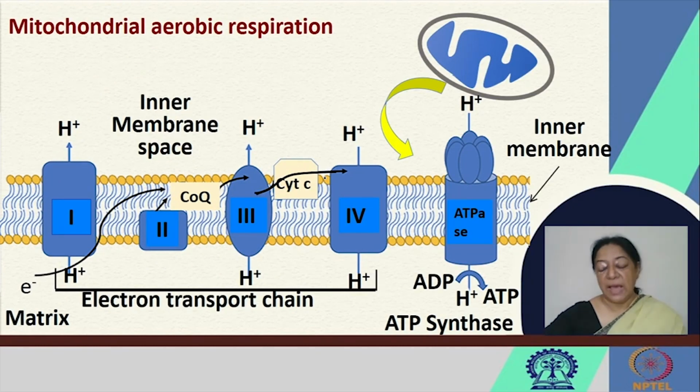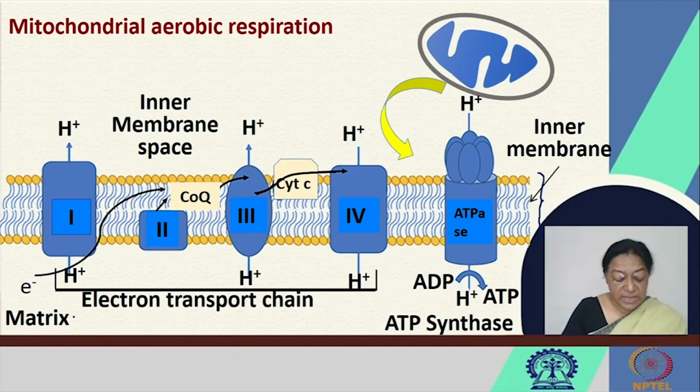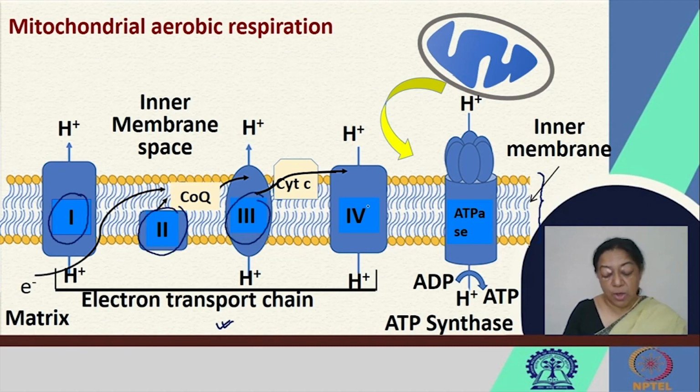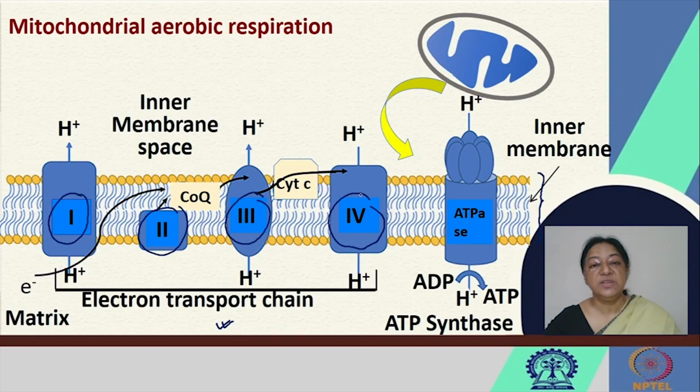If we now look at this inner membrane in a larger perspective, we have several complexes associated with the process. The four complexes marked complex 1, complex 2, complex 3 and complex 4 comprise what is known as the electron transport chain.